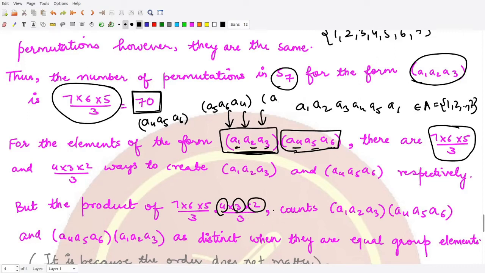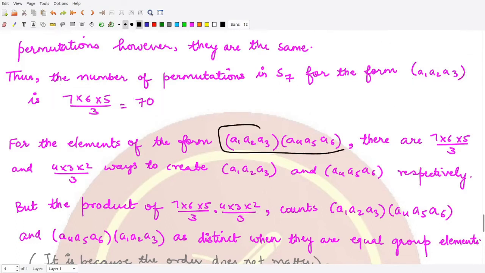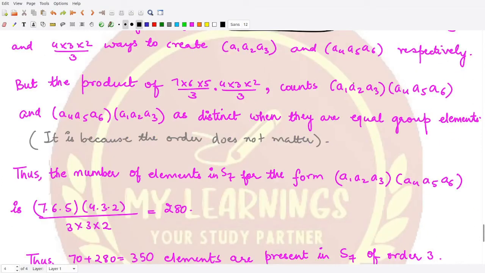So how many ways in total would there be to create this? It would be formed when you multiply this number with this number, right? Moreover, another thing that is repeated is the arrangement (A1 A2 A3)(A4 A5 A6) and the arrangement (A4 A5 A6)(A1 A2 A3). Basically we are just interchanging these two, bringing this one to the front and this one to the back.